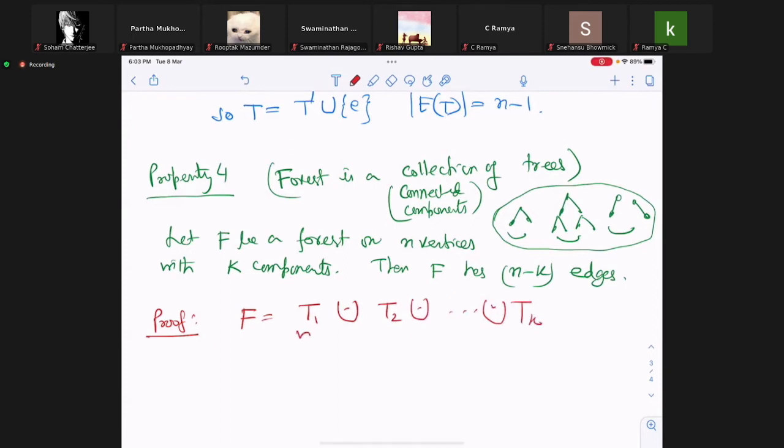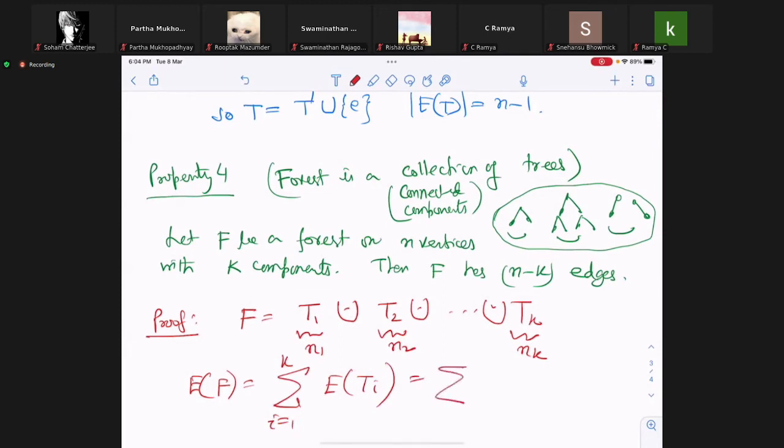So this is a tree on n1 vertices. This is a tree on n2 vertices. A tree on nk vertices. Then the number of edges in F is the summation of the number of edges in Ti, i equal to 1 to k. But that's simply the summation of ni minus 1.